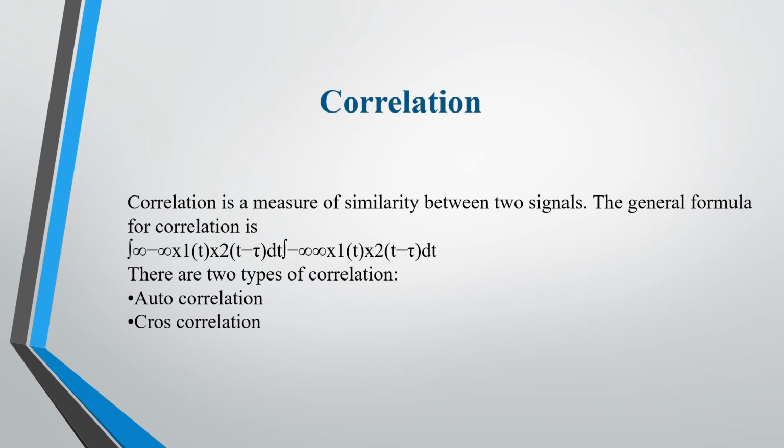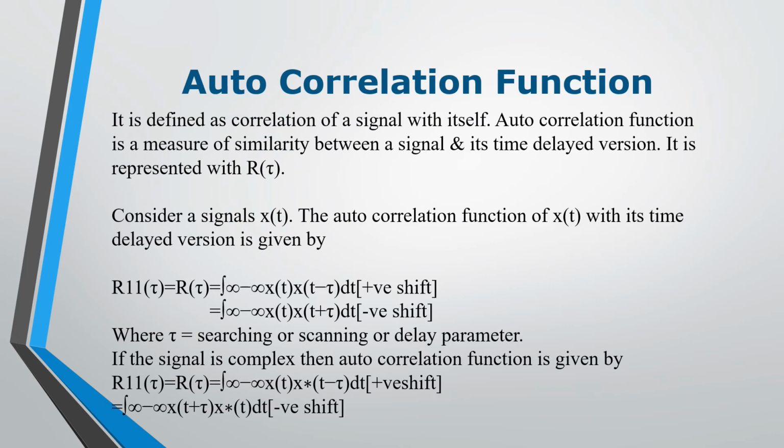There are two types of correlation: autocorrelation and cross correlation. Autocorrelation function is defined as the correlation of a signal with itself. It is a measure of similarity between a signal and its time delayed version. It is represented by R(tau).